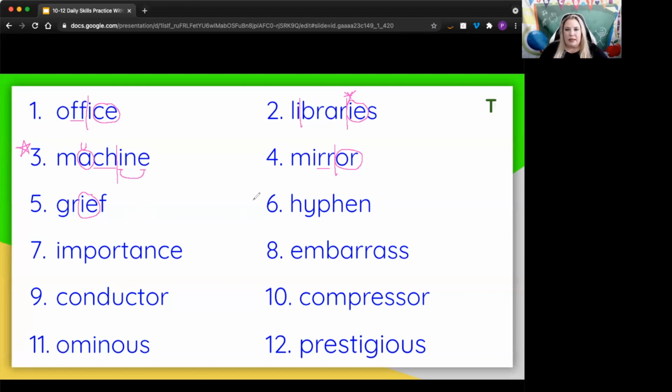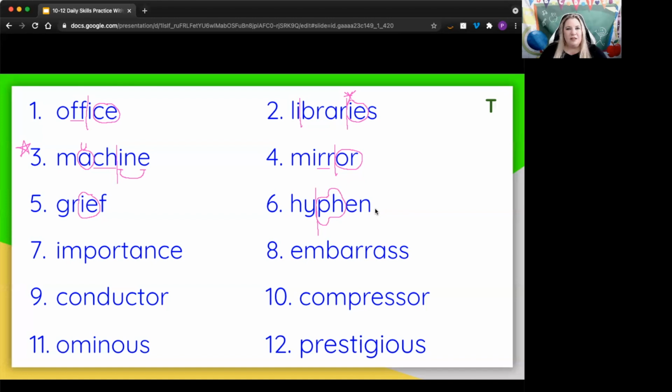In number 6, I see PH. That works together to make an F sound. Now the Y can either be an E or an I sound. Could be a Y sound, but probably not with an F right after it. So we're going to try a vowel sound. I, hi, fen, hyphen.